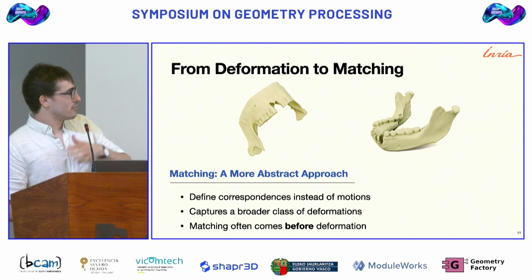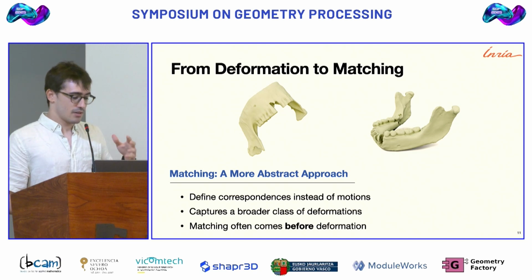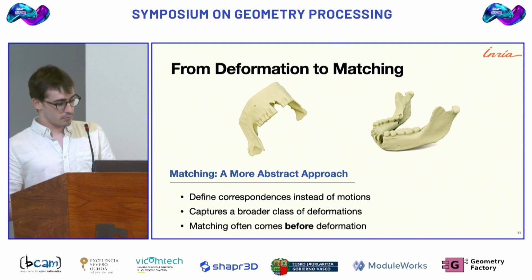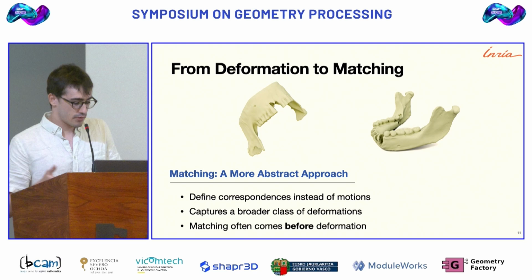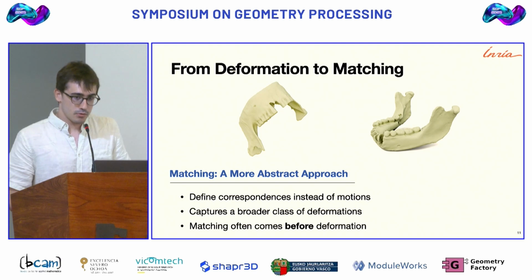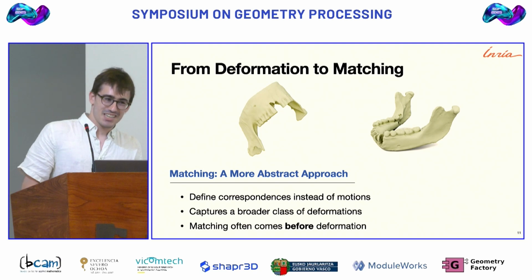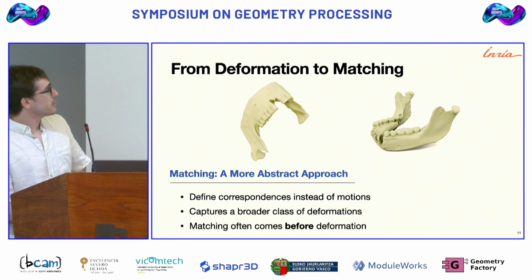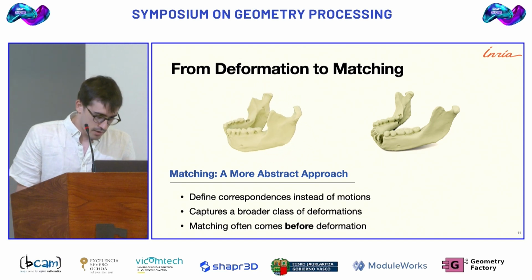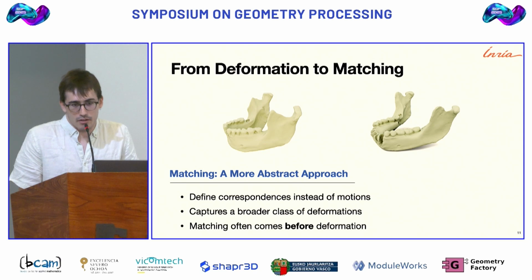So, again, instead of motion of points, we'll define correspondences. And this will allow us to capture a broader class of deformation. But what's important to understand is that matching kind of always comes with deformation. So, for instance, when we align these two shapes, it's probably aligned using some kind of ICP algorithm.